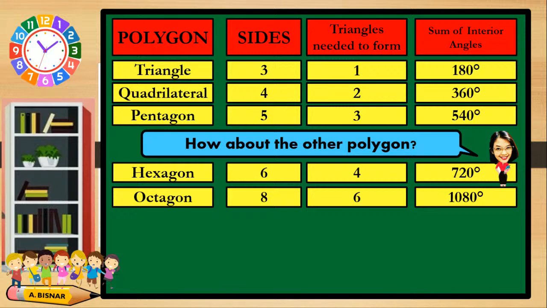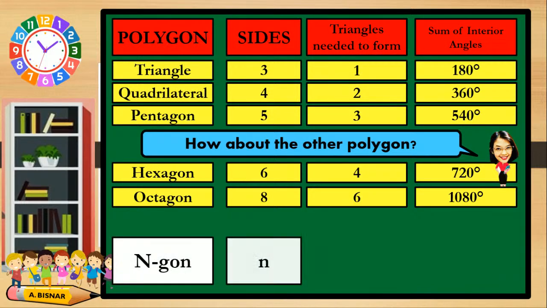Ano yung ginawa? Okay, tama si Gonzales. You subtract 2. From the pattern that you can see, you need to subtract 2.